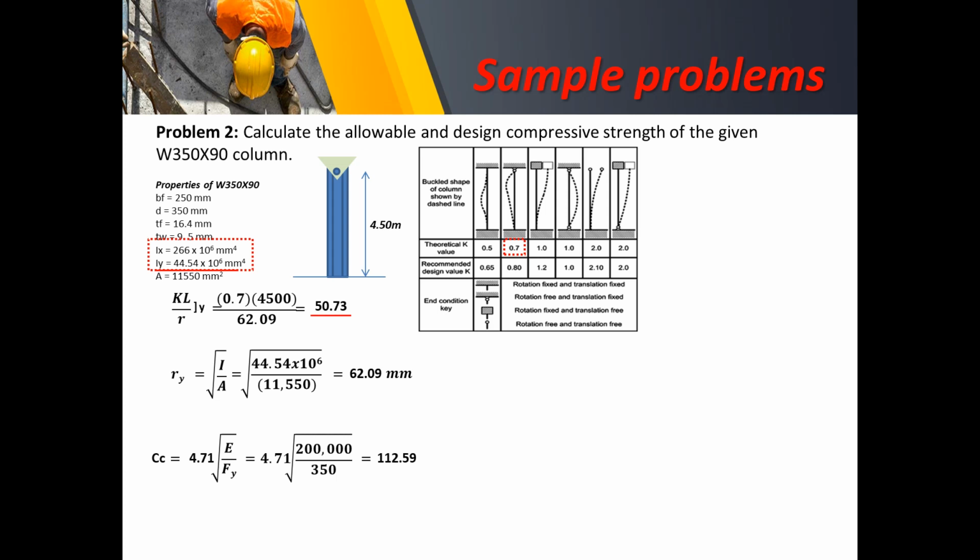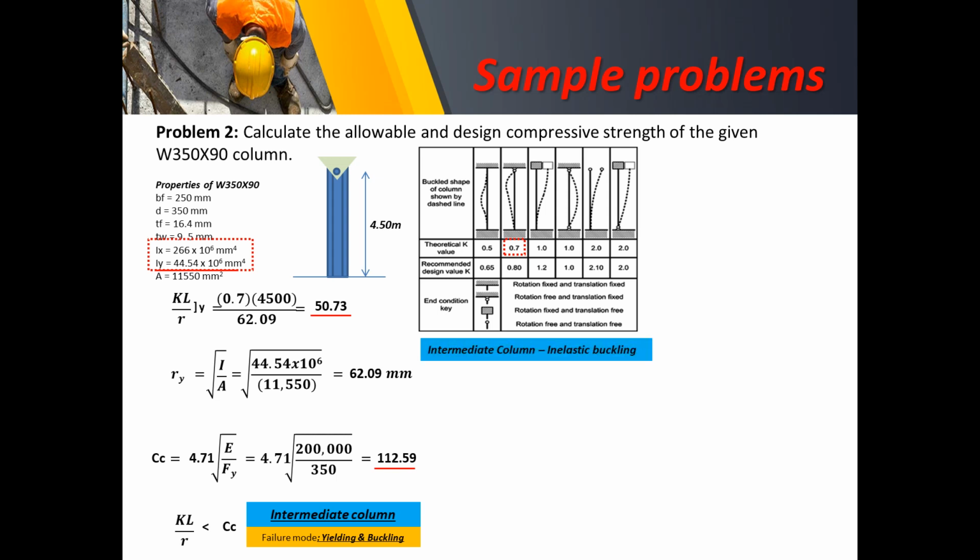Now, comparing these two, of course, we can say that KL over r is less than Cc. Therefore, it will fall under intermediate column, wherein the failure mode is yielding and buckling.